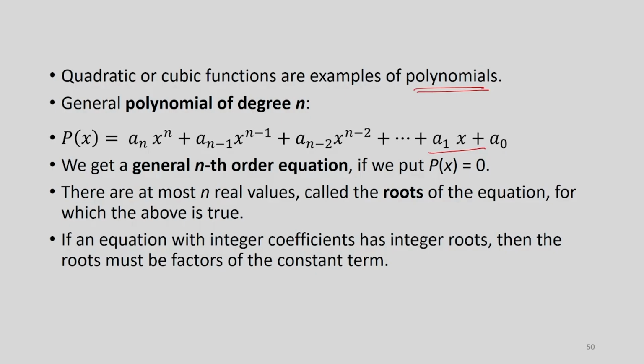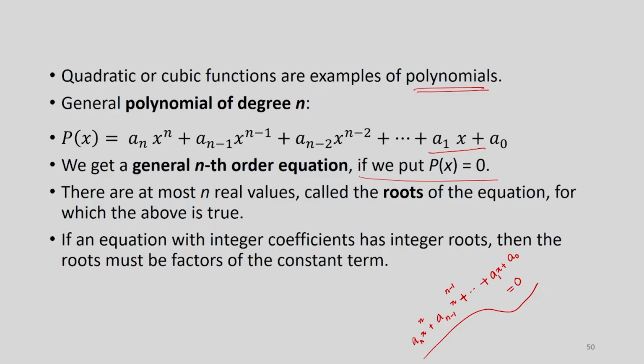We get a general nth order equation if we put p(x) equal to 0. So, if we put p(x) equal to 0, what do you get? a_n x^n + a_(n-1) x^(n-1) + ... + a_1 x + a_0 = 0. This is called a general nth order equation.